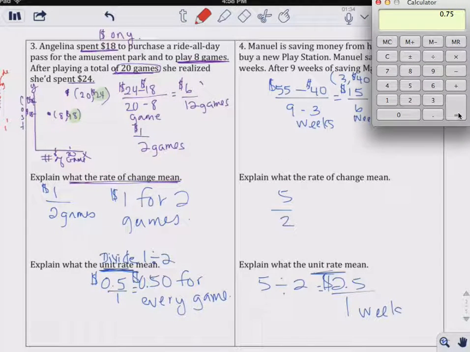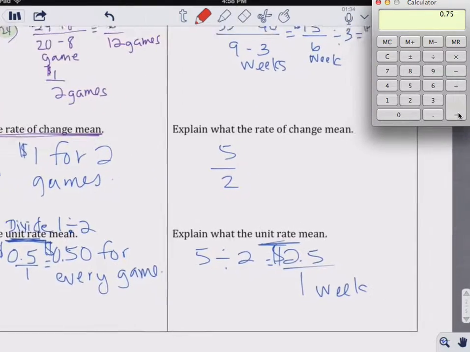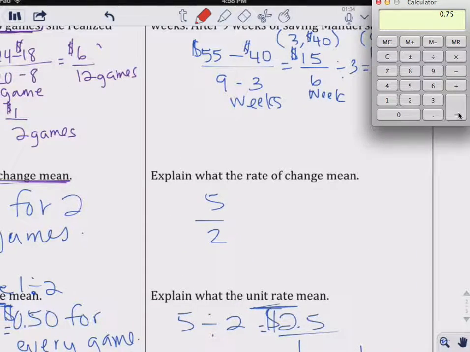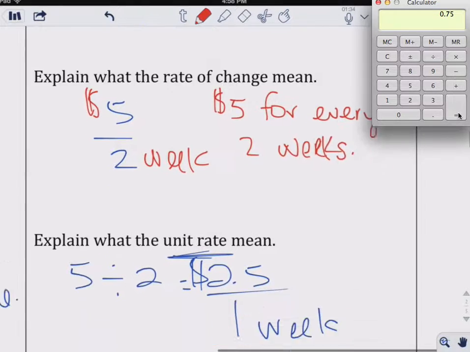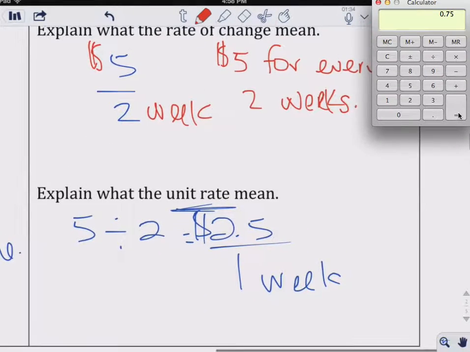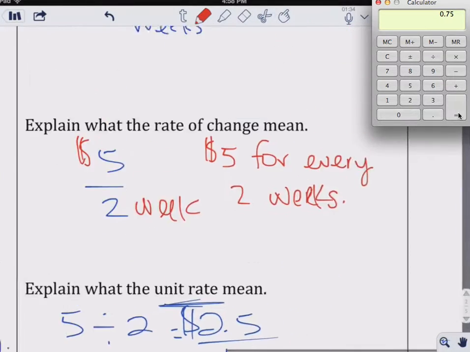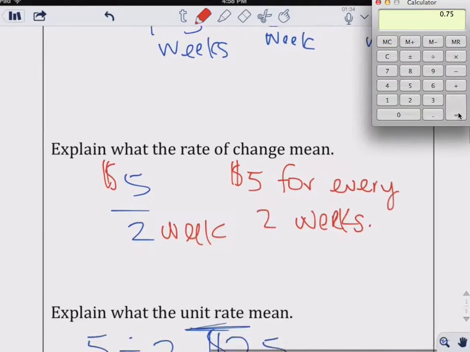In one of my classes we didn't get to explain this unit rate. This is dollars and 2 weeks. So this is $5 for every 2 weeks. That's the meaning of your rate of change. Okay, your unit rate then, if it's $5 for every 2 weeks, the context is Manual saving money.